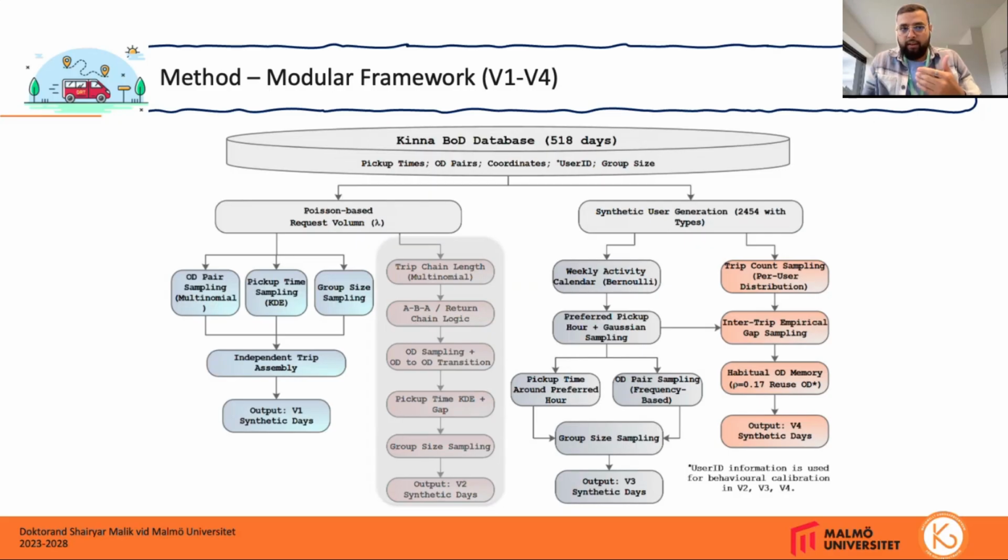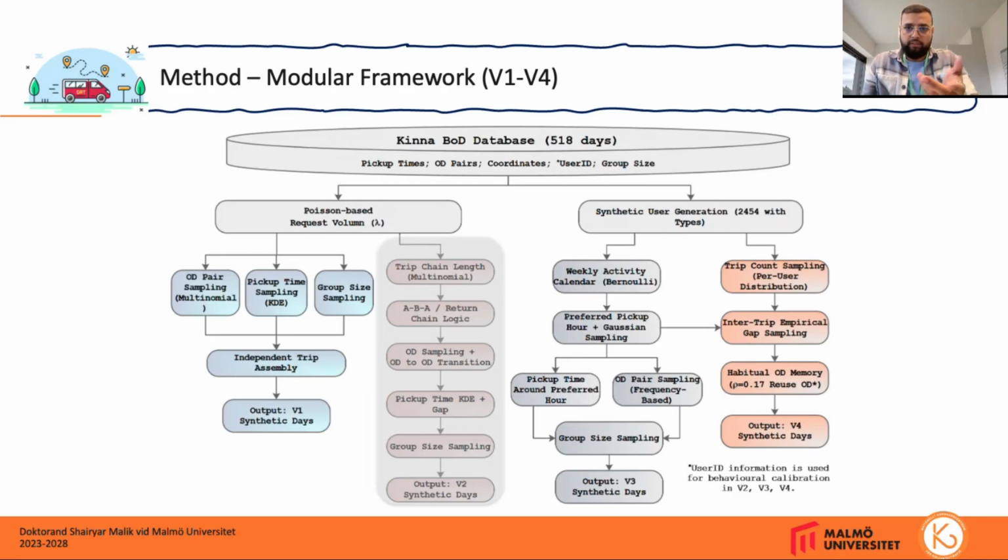Then we added another layer on top of it, that is the trip chaining. We added the user level data from the real data. Then we looked at what were the chains that users were following within the same day.